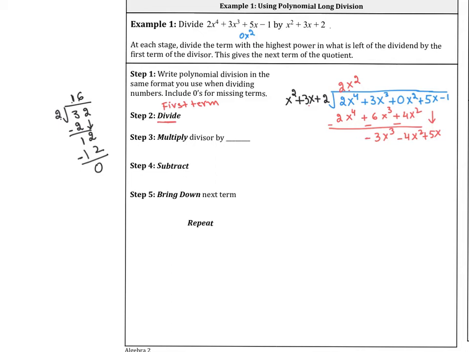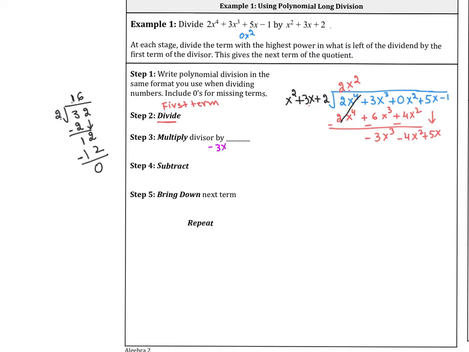Now I have negative 3x cubed here. How can you get it from the divisor? You can divide this by x squared. So this is another way to get the number.